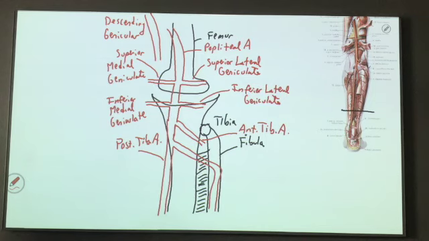Well, if it travels down the fibula, guess what it's named? That's right. It's the fibular artery. Pretty darn easy. Now, like I said, as we move more distal down the leg, down to the foot and the ankle, we're going to get into a lot more branches here. But for right now, this is what we're going to go with.